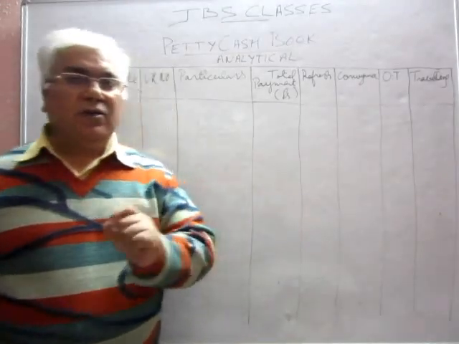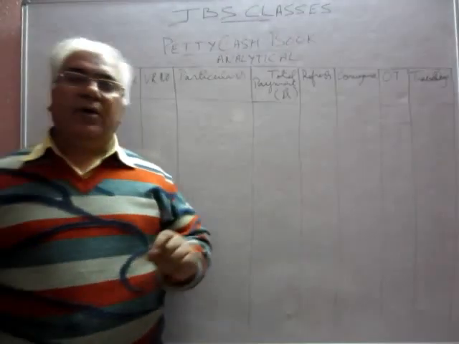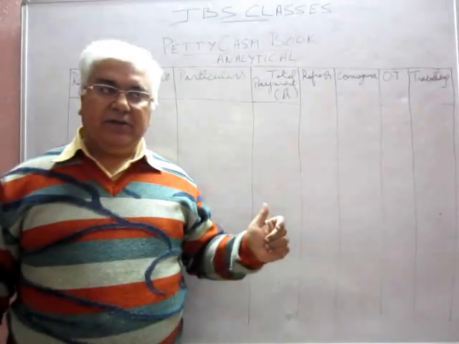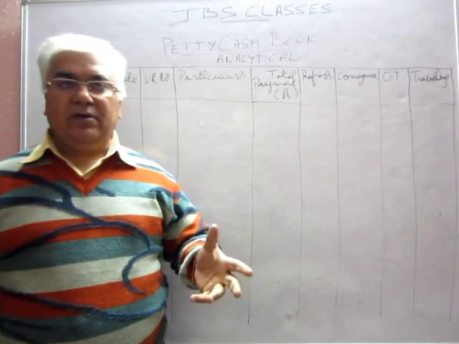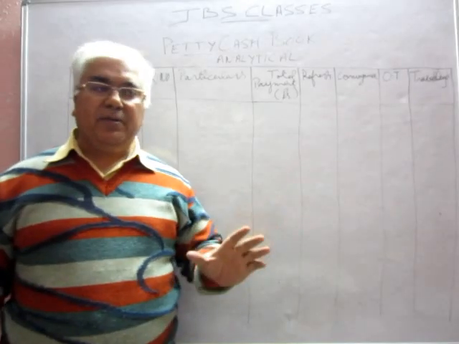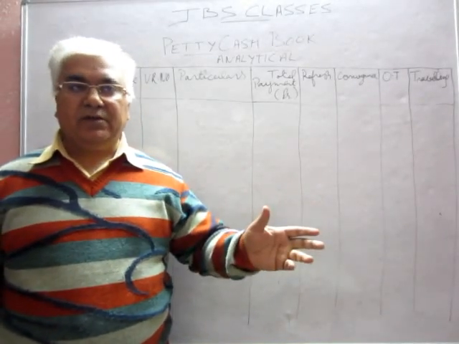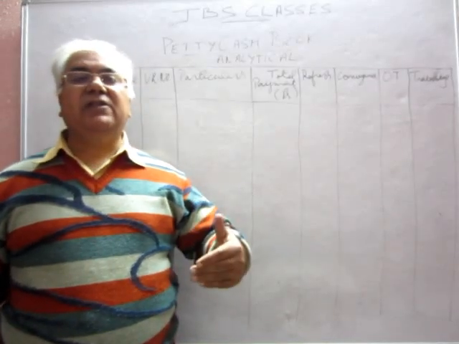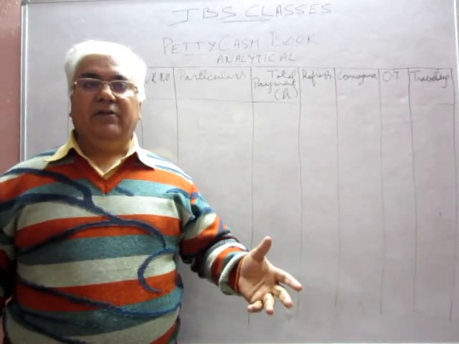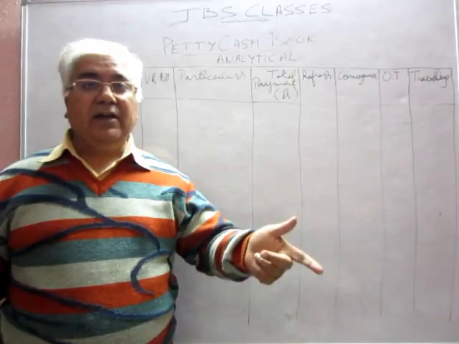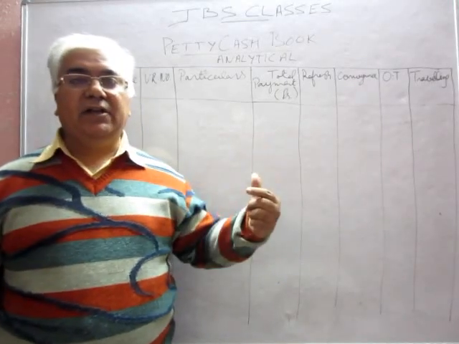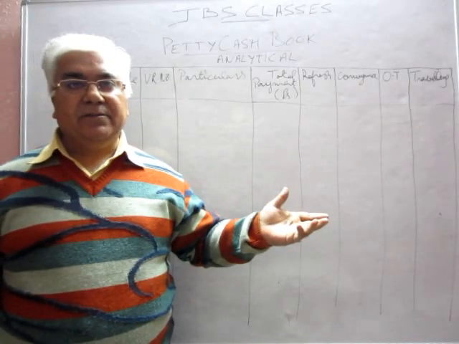So for this purpose, organizations appoint a petty cashier and give him a fixed amount for a particular period. Say for a 15 days period they give him 2000 rupees. And whatever he spends out of that, he recoups from the main cashier after every 15 days.